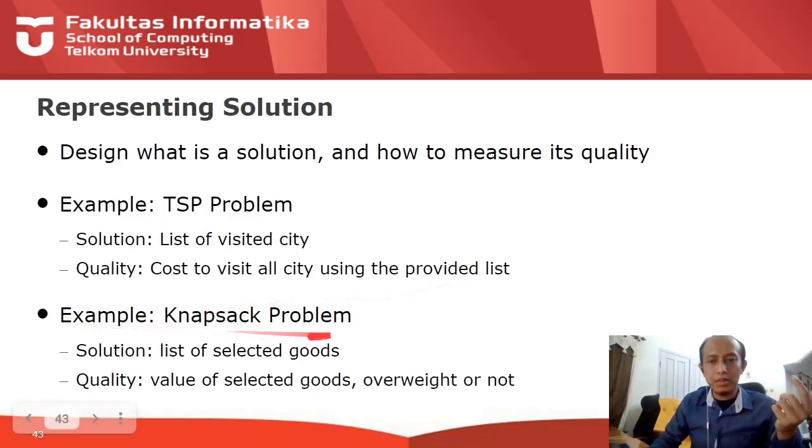For the knapsack problem, the solution is a list of selected goods. We measure the quality by using two things here. First is the value of selected goods, and second, if it is overweight, that means the solution is of bad quality.